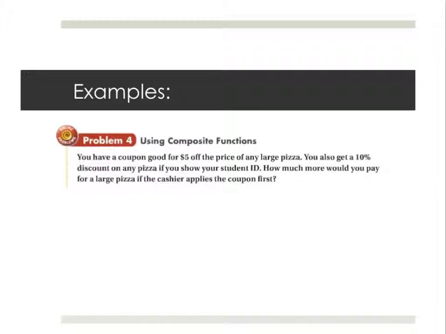Well, what is this composite function stuff good for? Well, I would say that one place where you're going to see some good applications of composite functions is going to be in finance. And this little example here is about using coupons on your pizza, which is great because making pizza cheaper is definitely a good thing in my book.